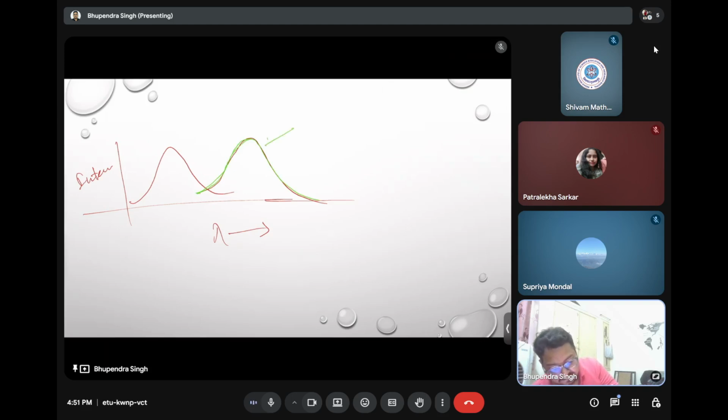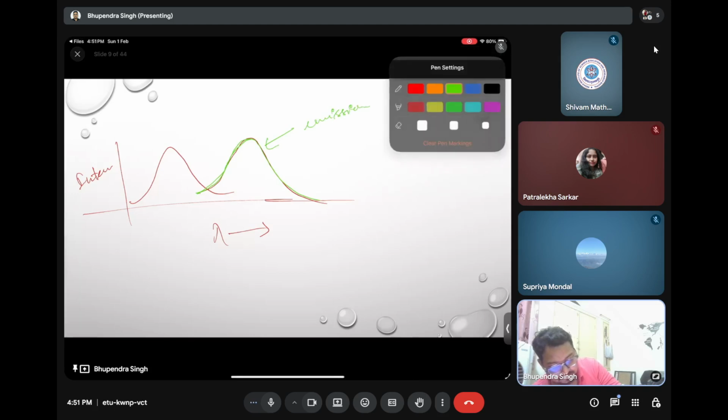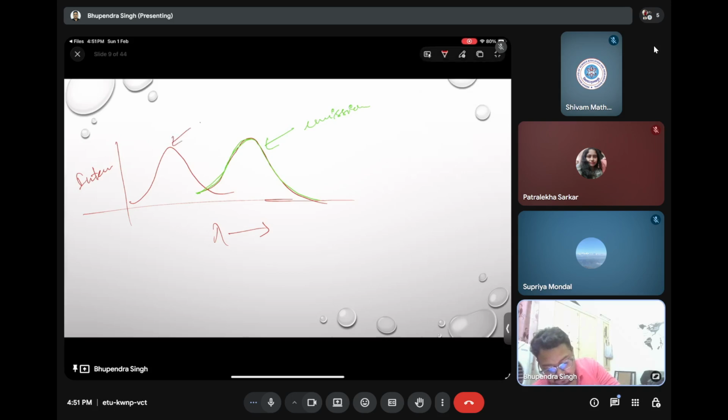Green is emission, and this is absorption. So have I indicated correctly or not?